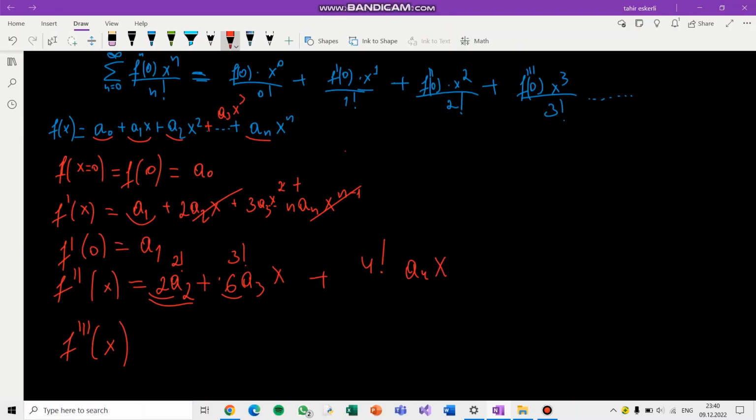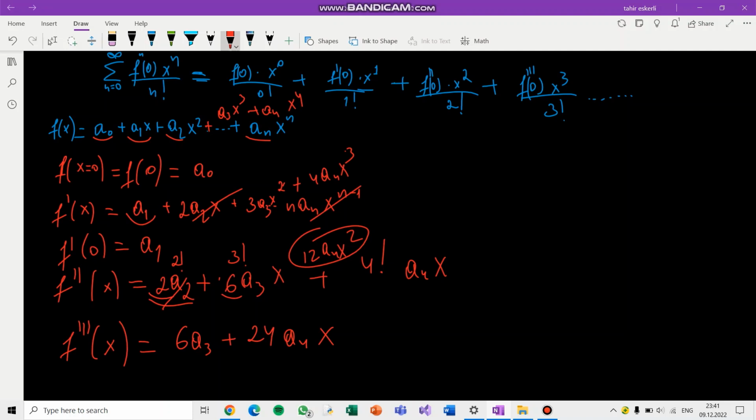Starting from the first order derivative, plus a4 x to the power 4, and when we find the derivative it will be 4a4 x to the power 3, again finding the derivative 12a4 x to the power 2, and when we find the derivative here, this will be cancelled out and we are left with 6a3 plus 24a4 x.